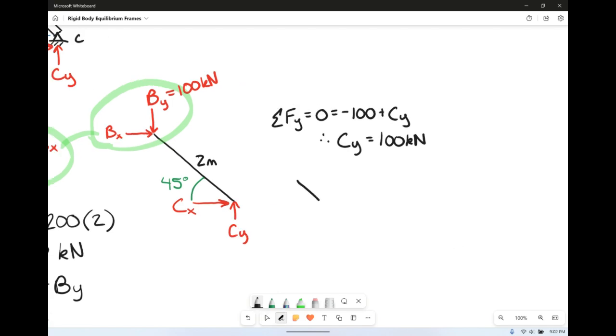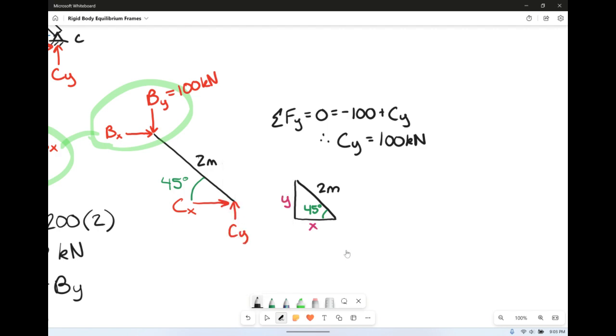Let's just draw a triangle here. What do we know? We've got 2 meters here, and that inside angle is 45 degrees. So let's just call this X and this Y. So what do we know with our trig?